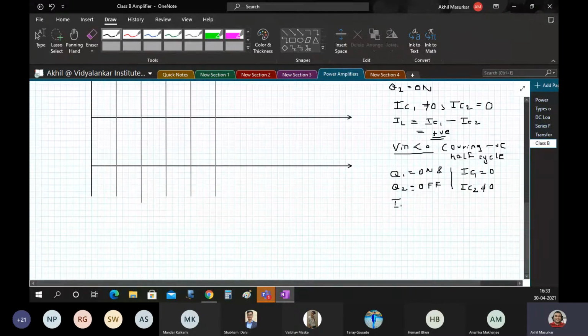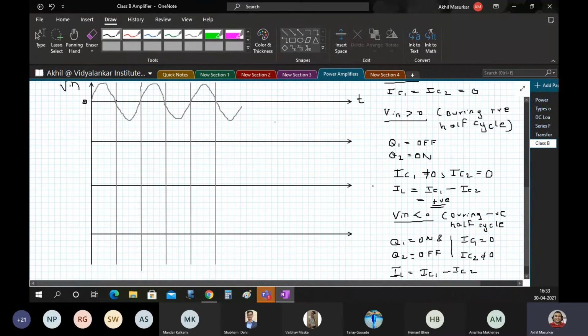And the net current IL is equal to IC1 minus IC2. So this is going to be negative. So here this is going to be the case.